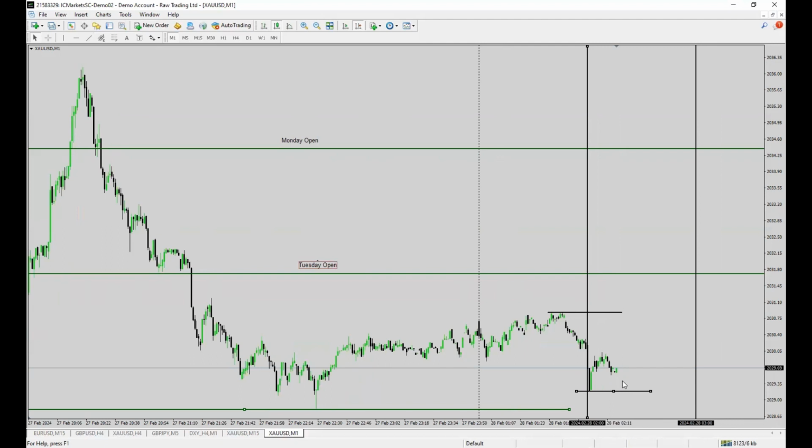Judging by the parameters that I've currently set, market price can either A, push towards the bullish side and take out the stop losses from those who sold right here, or market price is going to fail to break higher and then target the stop losses of those who are here.